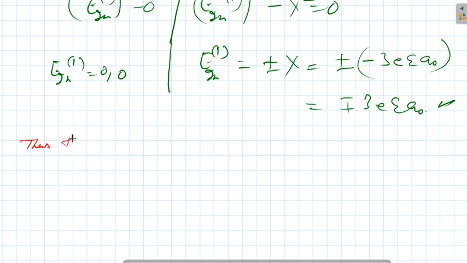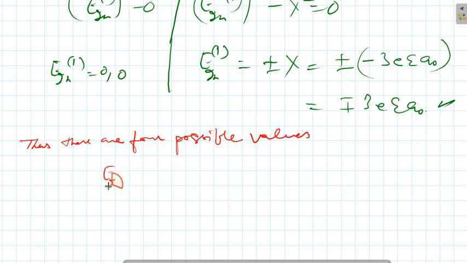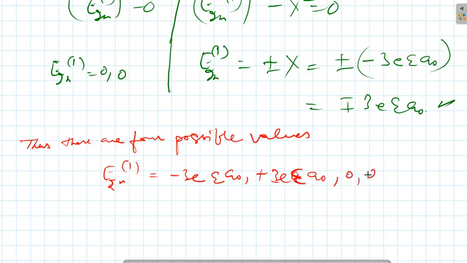Thus, there are 4 possible values: E2 and 1 is equal to minus 3 e epsilon a naught, plus 3 e epsilon a naught, 0 and 0. These are the 4 values.